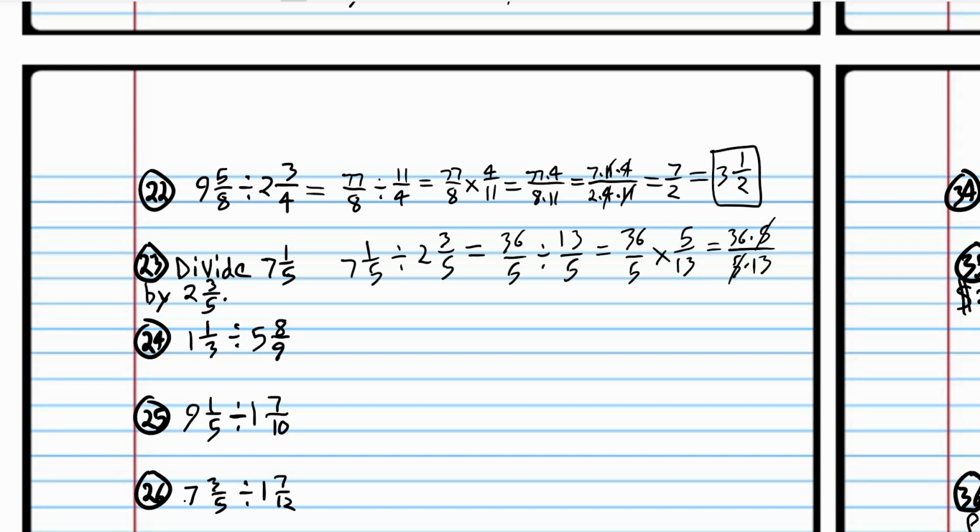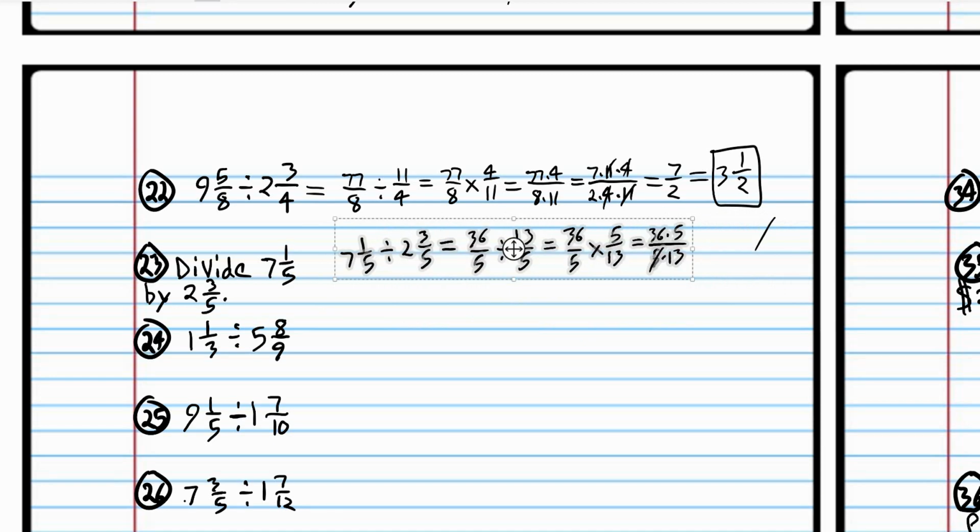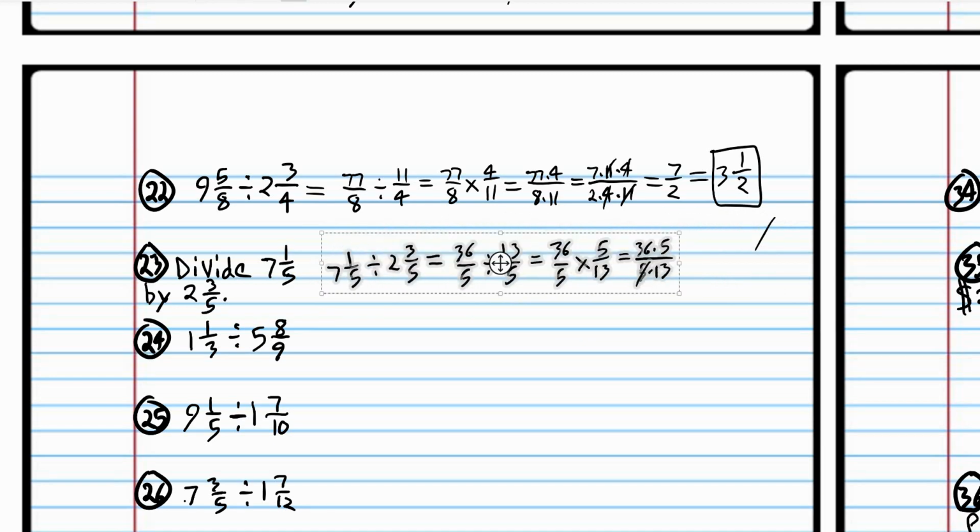Fives cancel out. I'm running out of room here, so I'm going to make this smaller. And we end up with 36 over 13, which is an improper fraction.